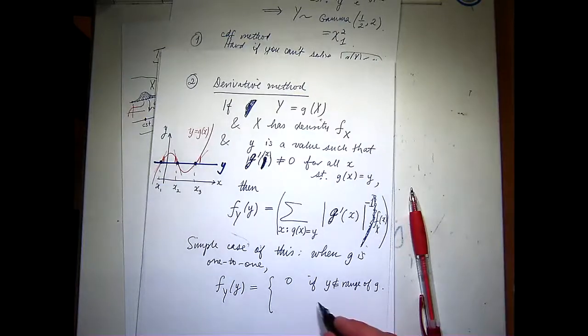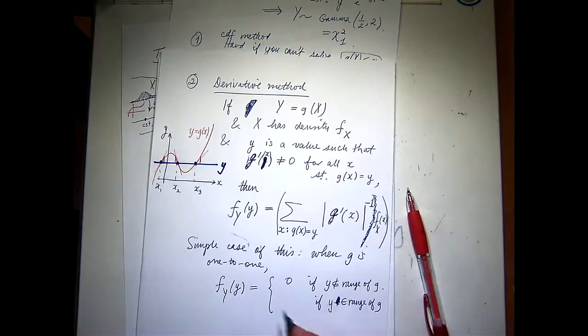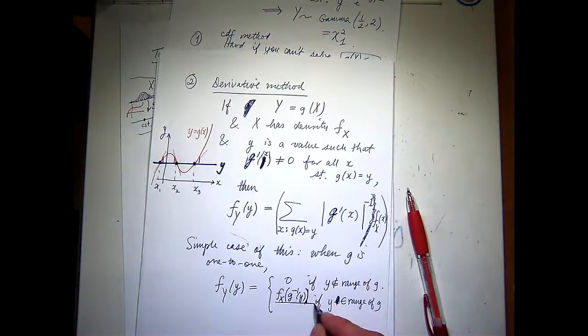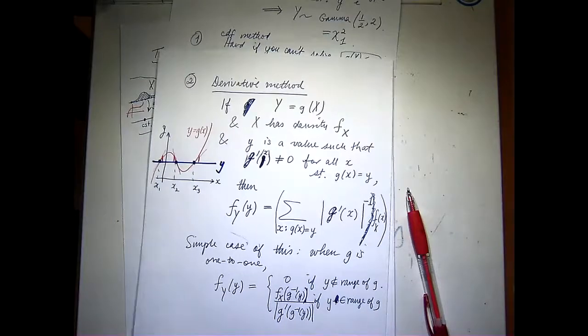And if y is in the range of g, then there'll be exactly one pre-image, and then the density is just f_X evaluated at that pre-image, g inverse of y, divided by the absolute value of g prime of g inverse of y. I'm replacing x with g inverse of y.